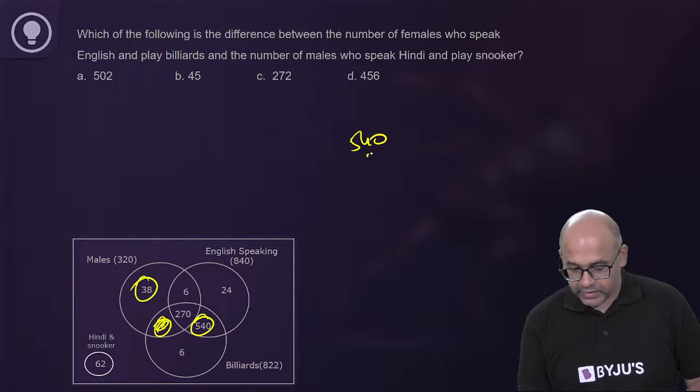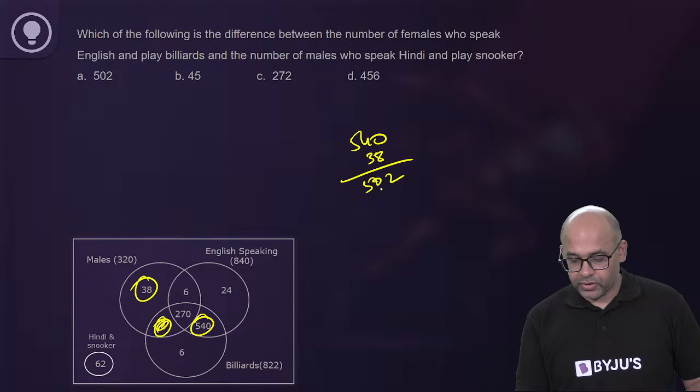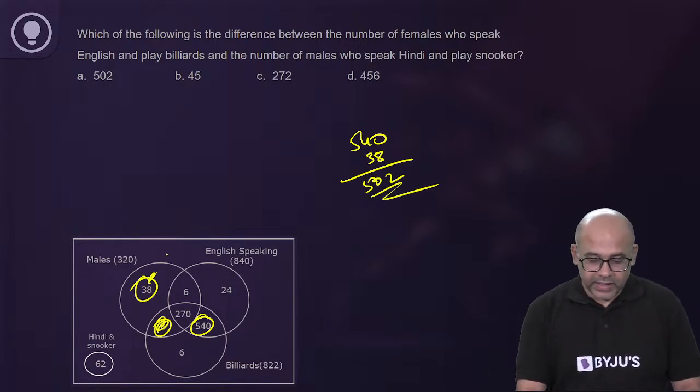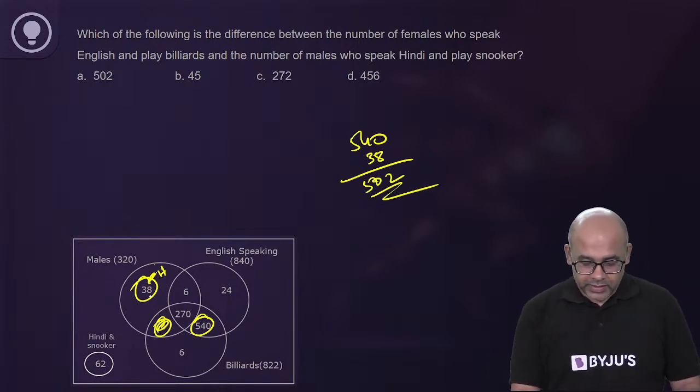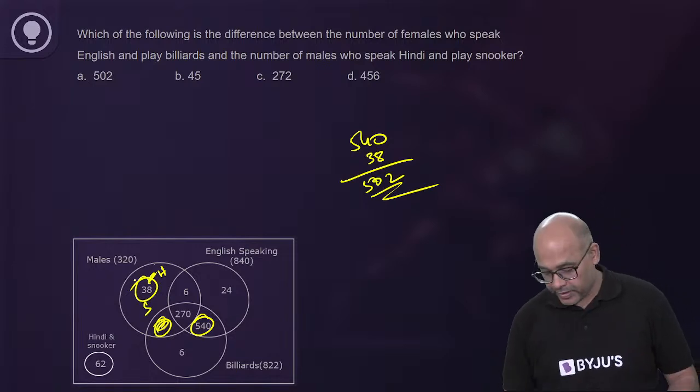So this is 38, and the difference is 502. This 38 is not English, so Hindi. This 38 is not billiards, so snooker. And anyway, they are written as men. That is your answer.